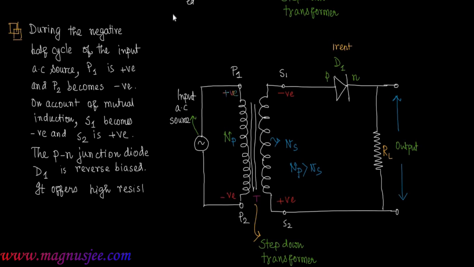That's why reverse current will not flow through the diode. This is the reverse current I prime, and the value of the reverse current flowing through the diode I prime will be 0, or the diode D1 blocks the reverse current.